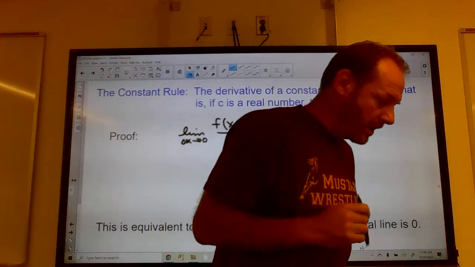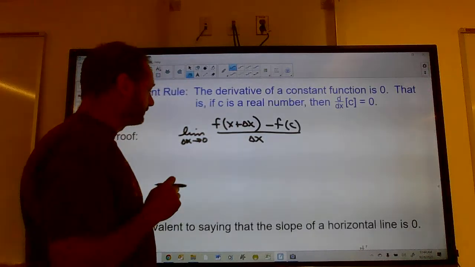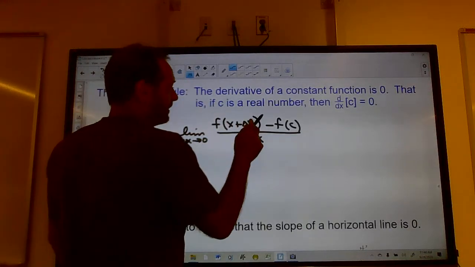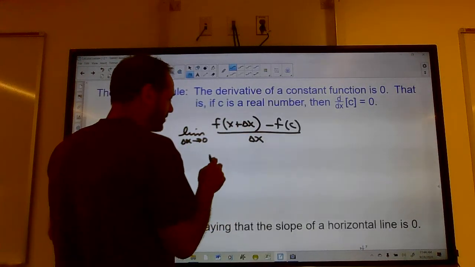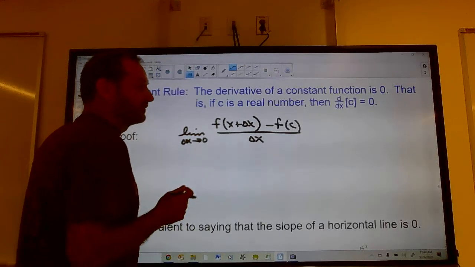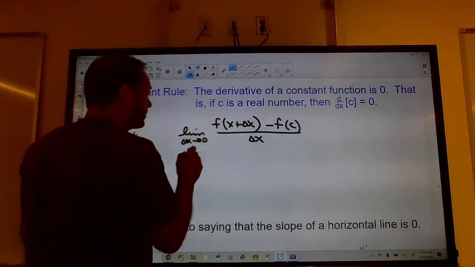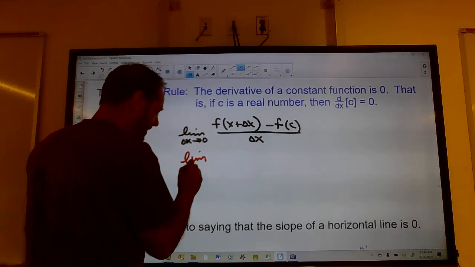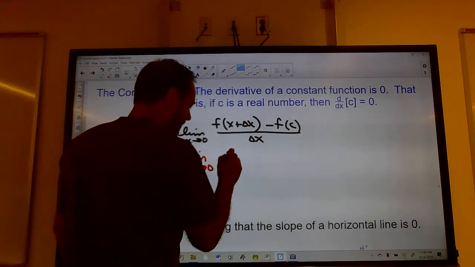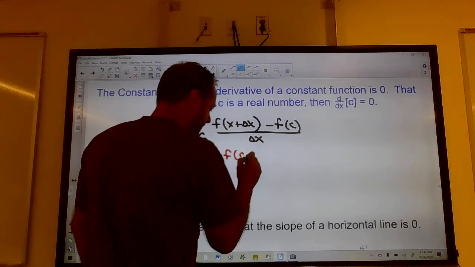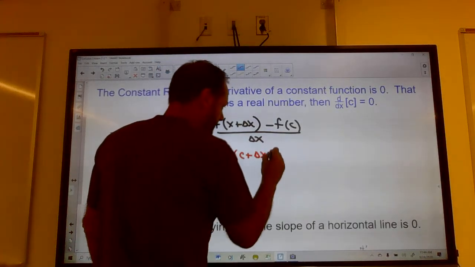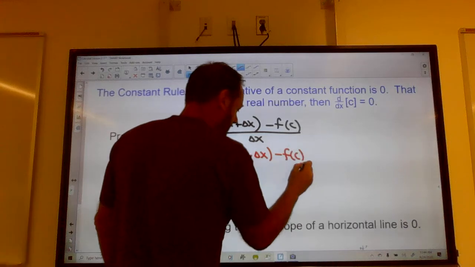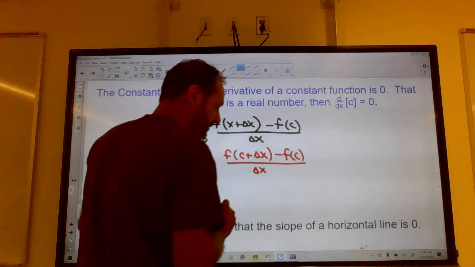Okay, so in this case, f of x is just f of c because it's a constant. So we can go ahead and change this to the limit as delta x goes to 0 of f of c plus delta x minus f of c all over delta x.